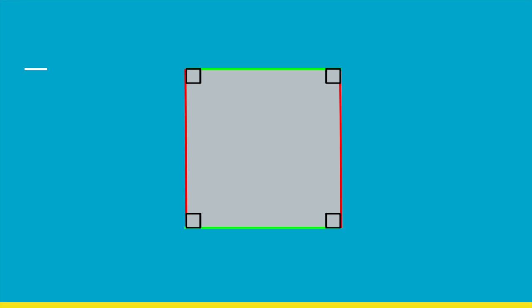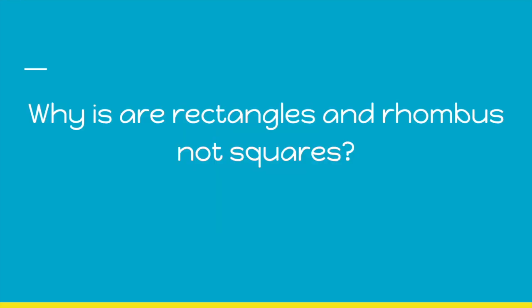But a rhombus can never be a square because it does not have four 90-degree angles. And a rectangle can never be a square. Why? Why are rectangles and rhombuses not squares?